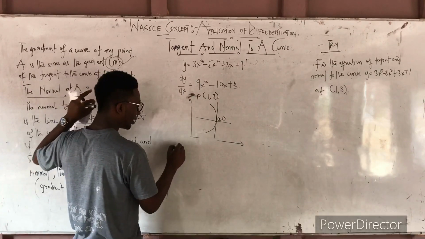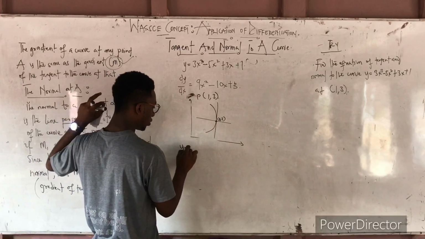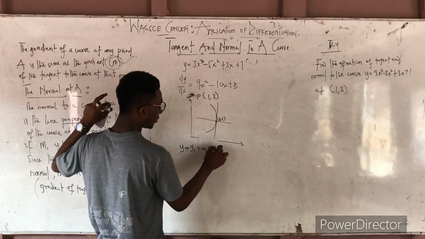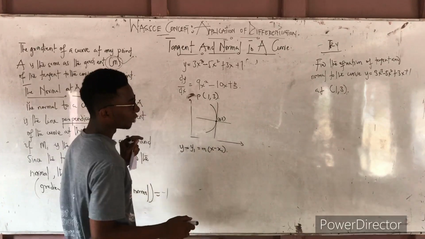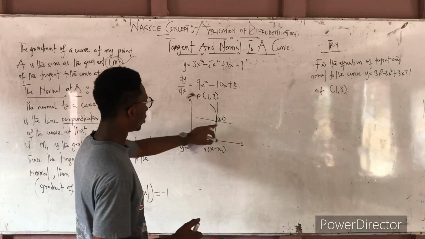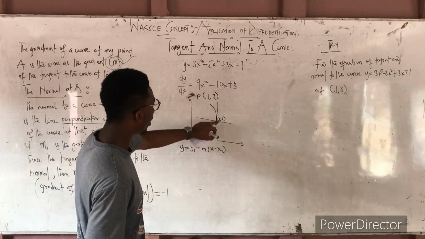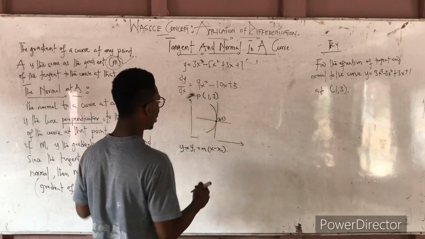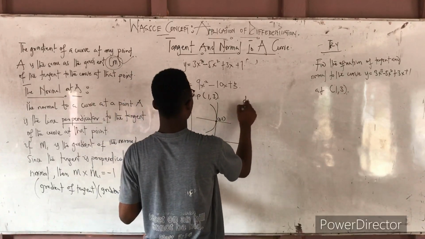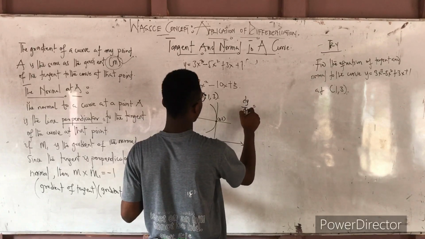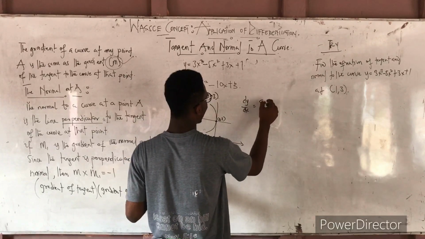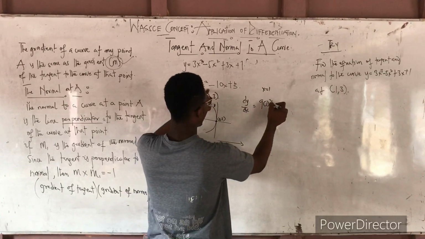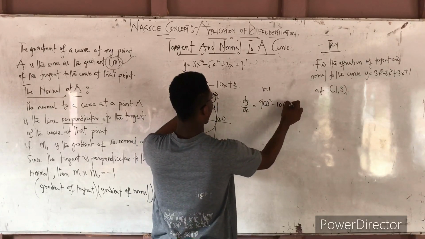Now the equation of the tangent is y minus y1 is equal to m times (x minus x1). To find the gradient, you have to put the point x equal to 1 into dy/dx. So dy/dx is equal to 9 times 1 squared, because x is equal to 1, minus 10 times 1 plus 3.